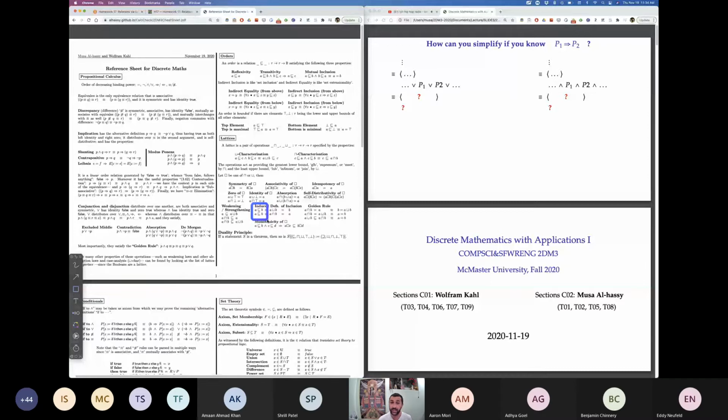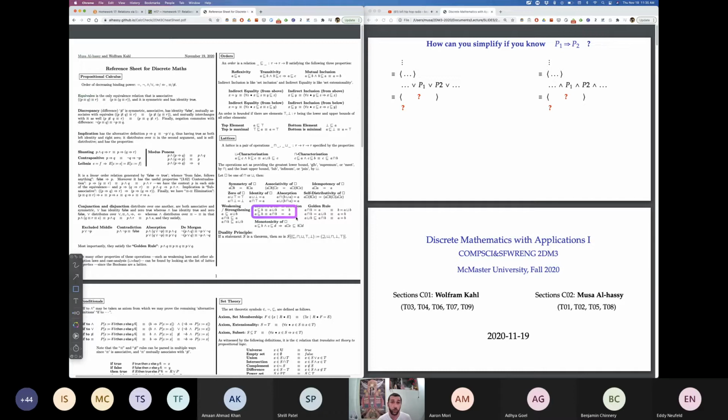If you have an inclusion, A is included in B, then you know that A union B is just B, and A intersection B is just A. So if you know that P1 implies P2, then you know that the larger of them is going to be P2, and the smaller of them is going to be P1. So that's provided right here.